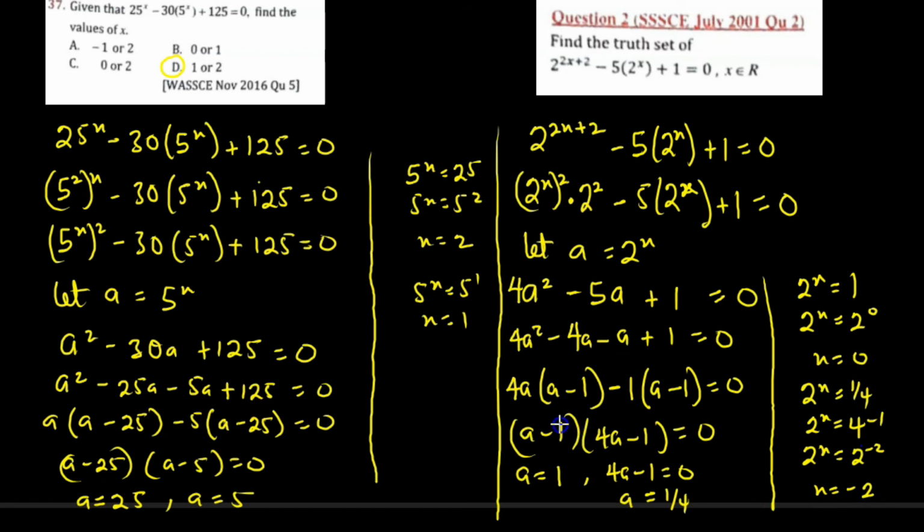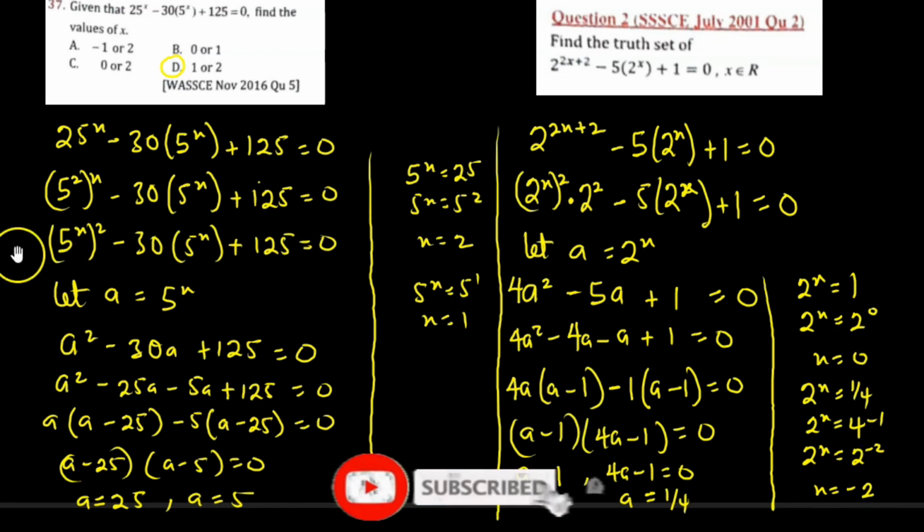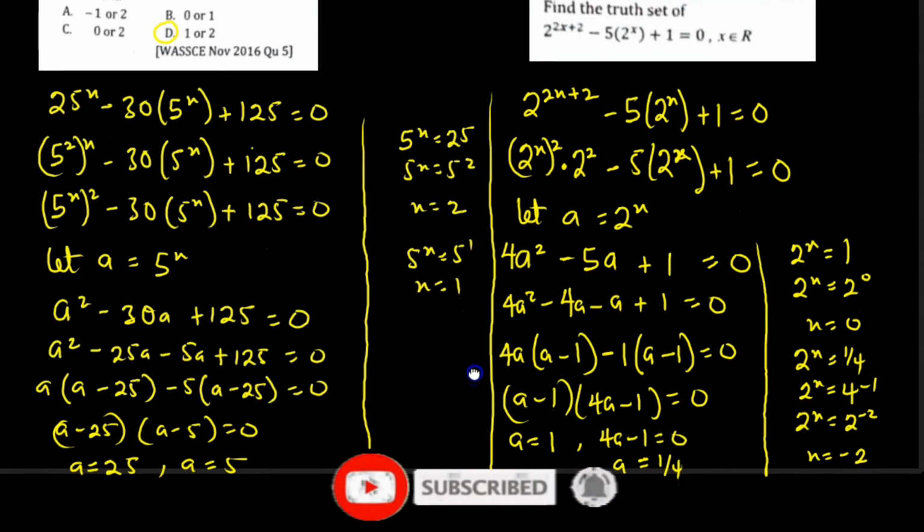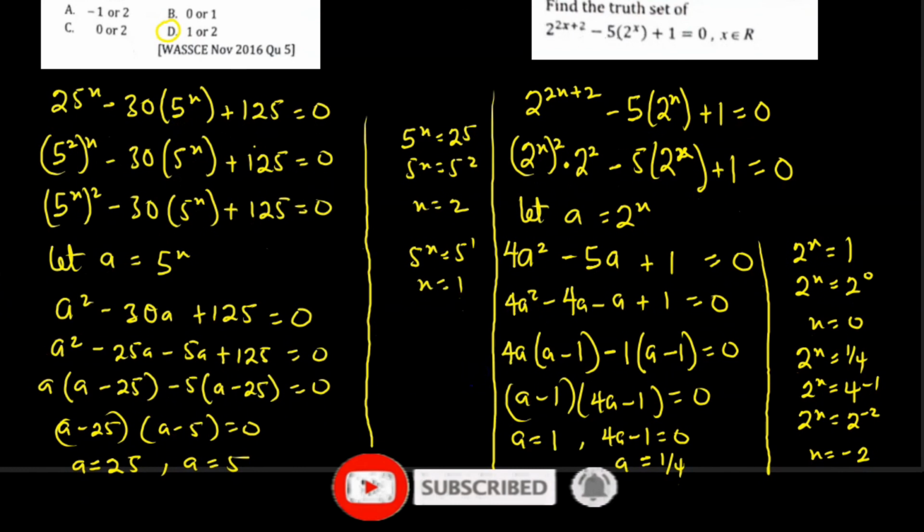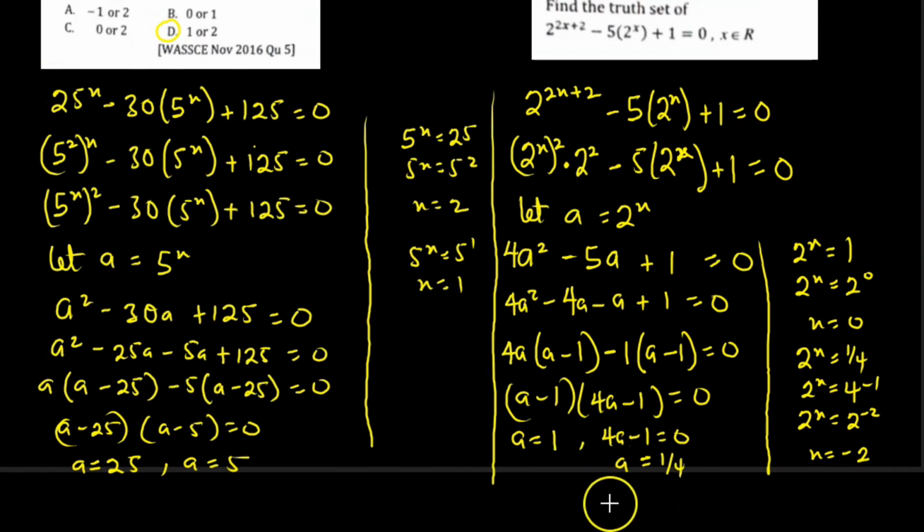So finally, to state the truth set, since the question demanded for the truth set, then we can say that the truth set, you introduce your curly bracket, x is such that x is equal to negative 2 or 0, then you close the curly bracket. So that is how you needed to present the solution of the truth set.